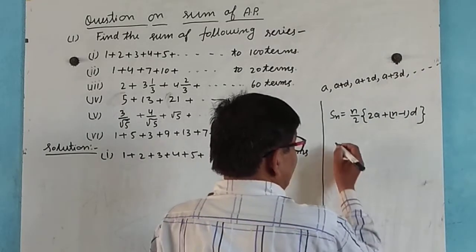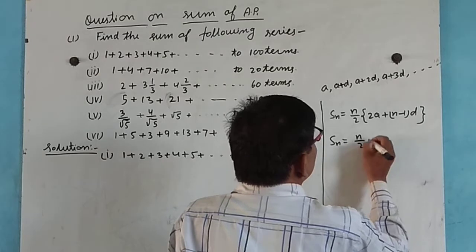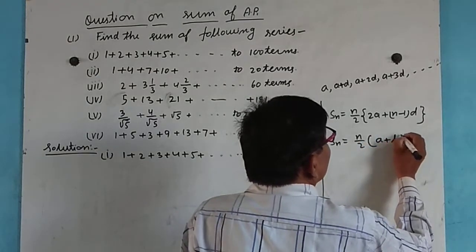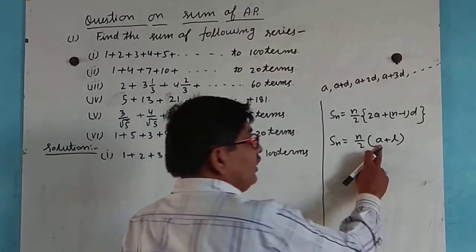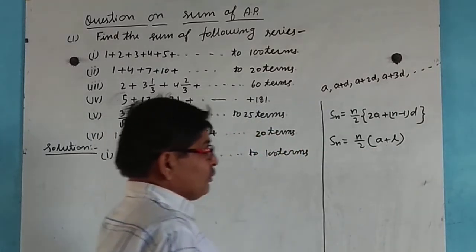And another formula, Sn equals n by 2 times bracket a plus l, where a is the first term and l is the last term.